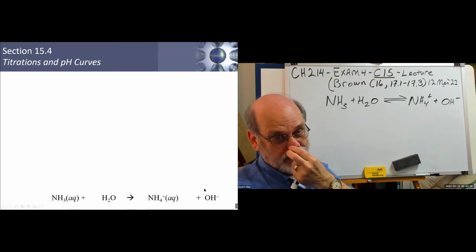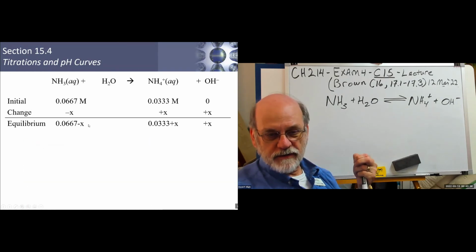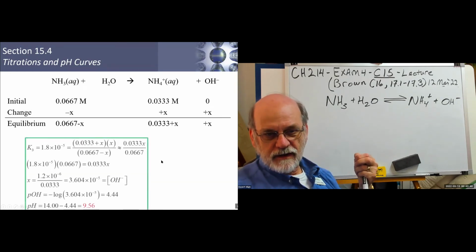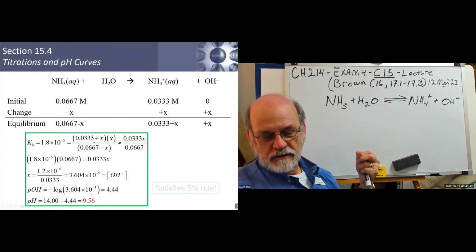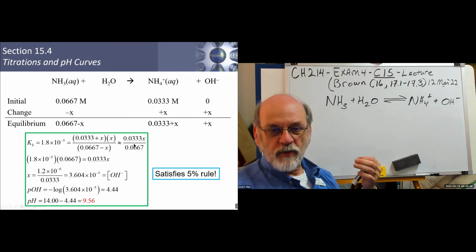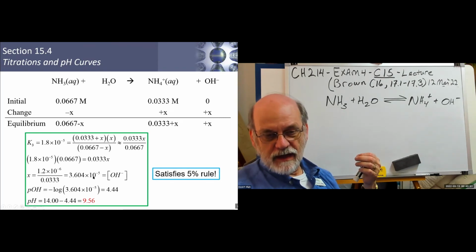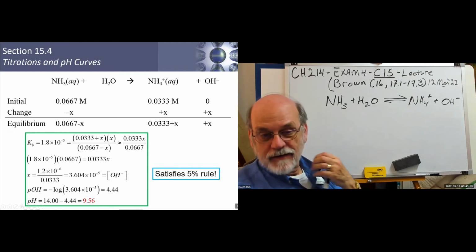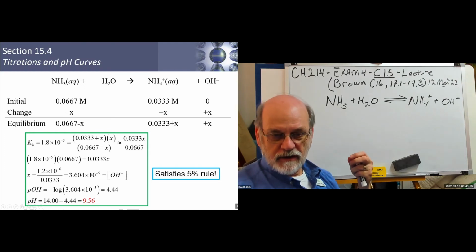Okay. And now you end up with this in the KB expression here. And we're going to approximate that value and determine that X, the hydroxide concentration, is about 10 to the minus fifth.